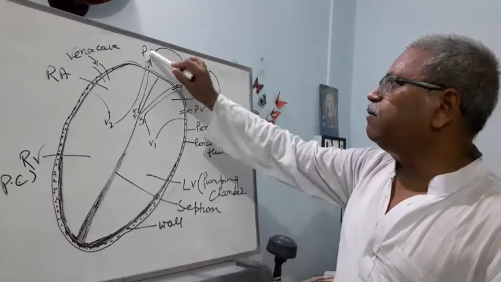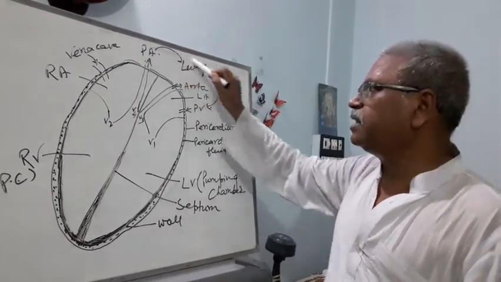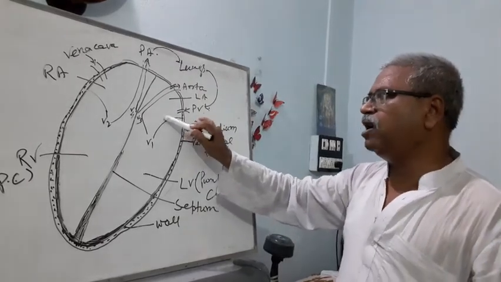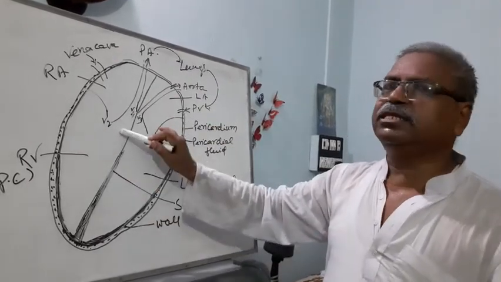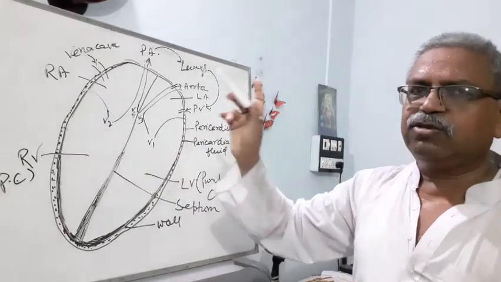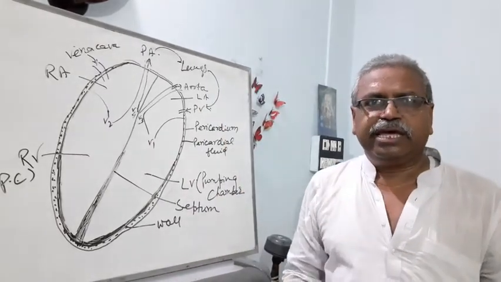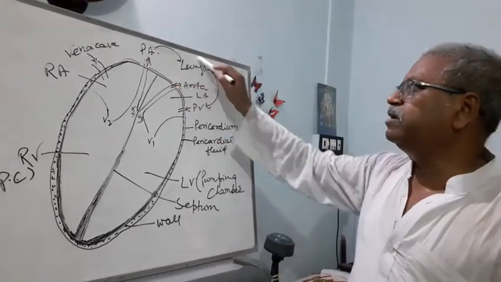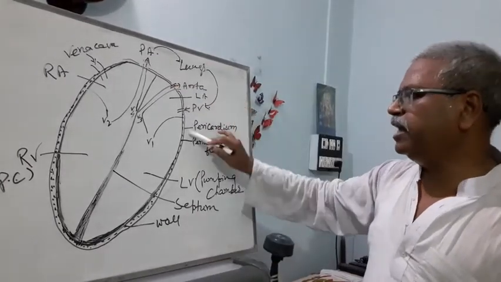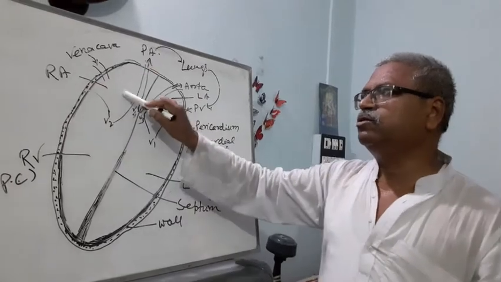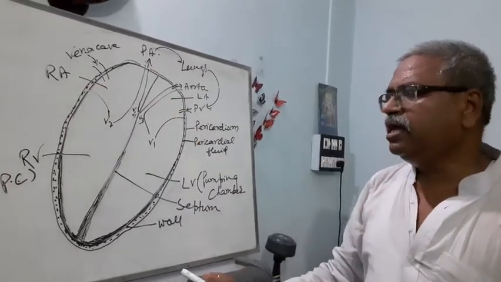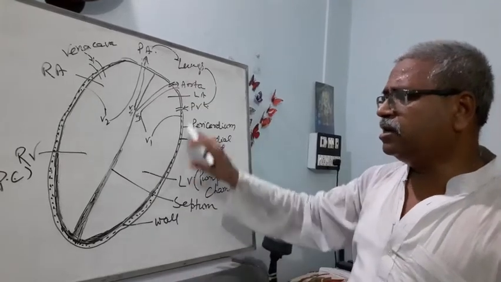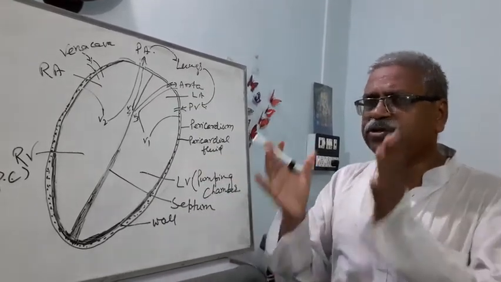This is pulmonary circulation, this portion from the heart to the lungs and back, and from the heart to the body cells, this is the systemic circulation. So double circulation is made of two types of circulation, one pulmonary circulation and second systemic circulation, which is known as body circulation. In this way, this heart pumps the blood into the body.